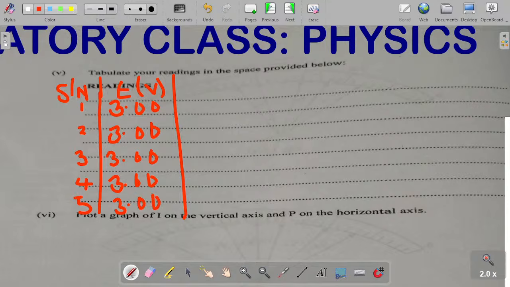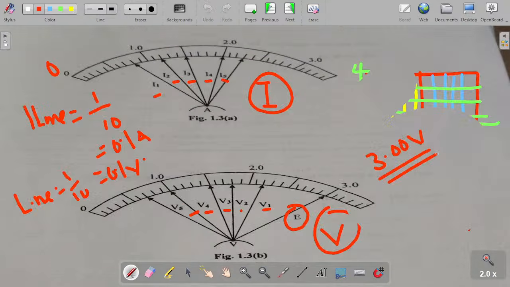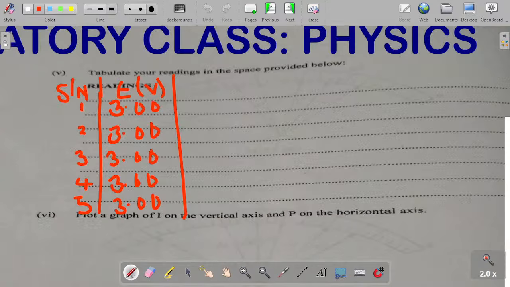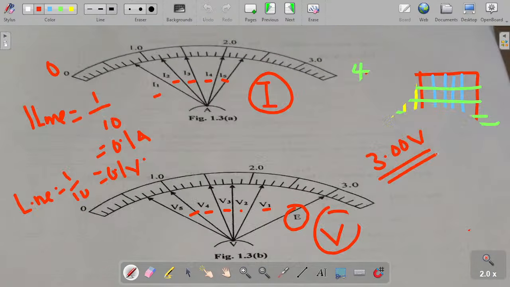Then let's record our I, the current in ampere. I will record each of the currents, starting with I1. You have to be very observant to make sure you are counting from I1. If one line is 0.1, then I count 0.1, 0.2, 0.3, 0.4, 0.5, 0.6, 0.7, 0.8.